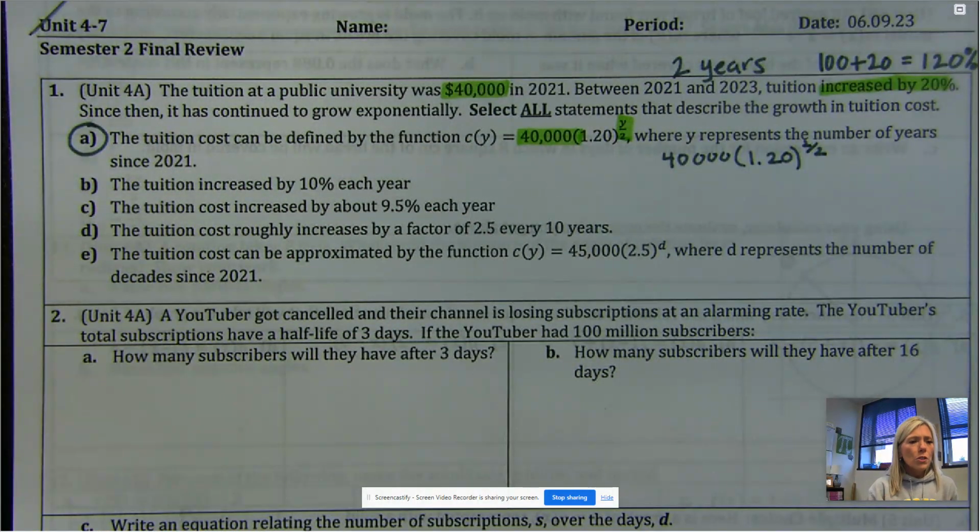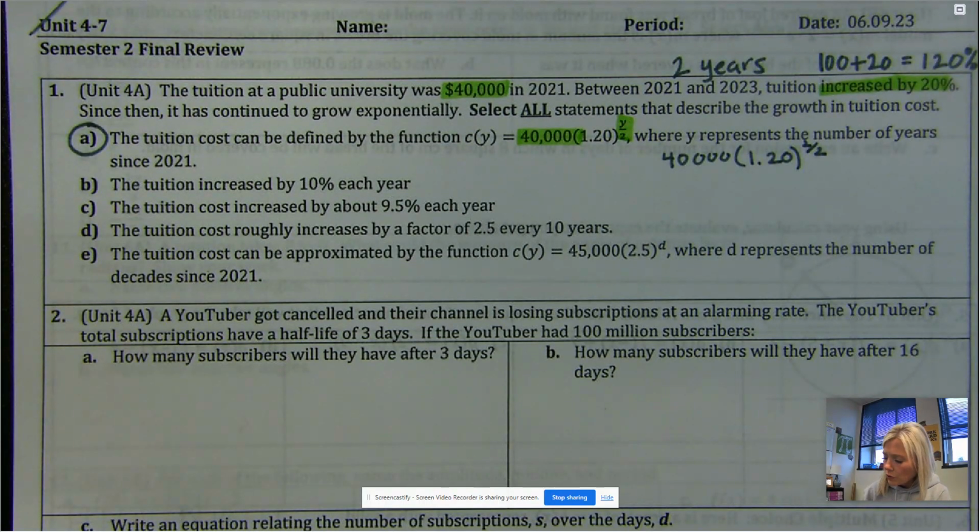For B, the tuition increased by 10% each year. So that would kind of make sense because half of 20% is 10%. Not sure if that's how it works. So what I'm going to do is I'm going to just kind of plug in 1 to see if that's what's happening.